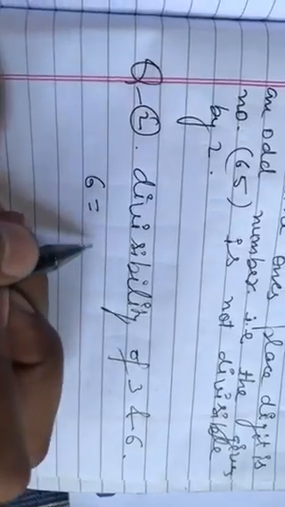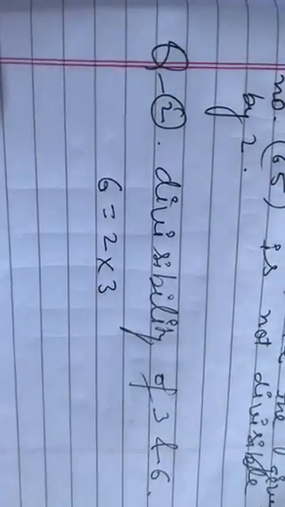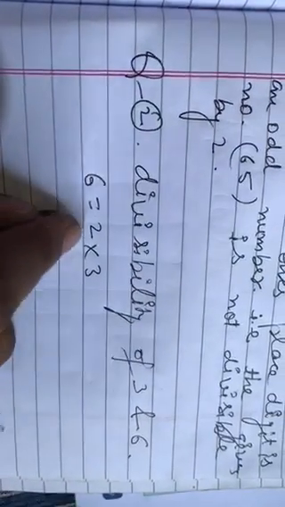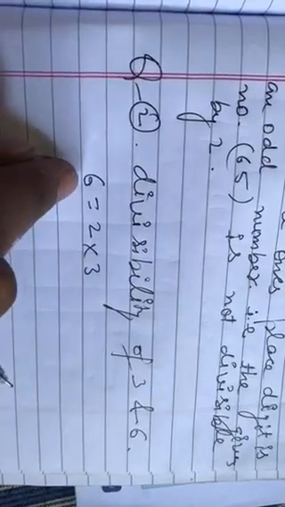If we factorize 6, the factors of 6 are 2 and 3, right? That means if a number is divisible by 2 and 3 both, the given number must be divisible by 6. That means we have to check the divisibility of 2 and 3.